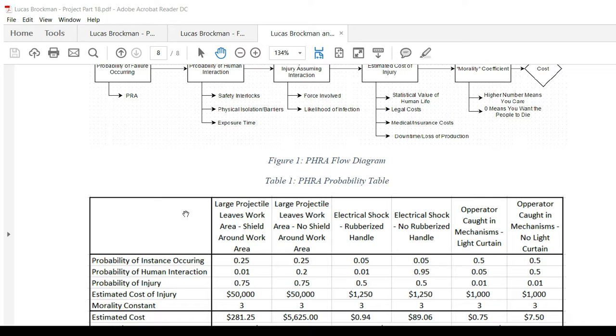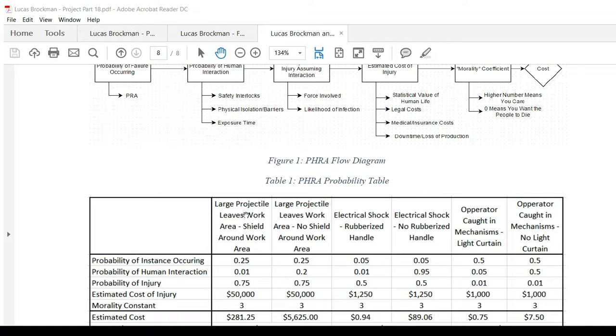So each of these we assigned a probability of incidents occurring. And this is taken into account over the lifespan of the machine. So with the lathe, a large projectile would leave the area 1 out of every 4 lathes. Electrical shock, 0.05, and operator caught in the mechanisms, that would be 0.5, because that's a very common occurrence.